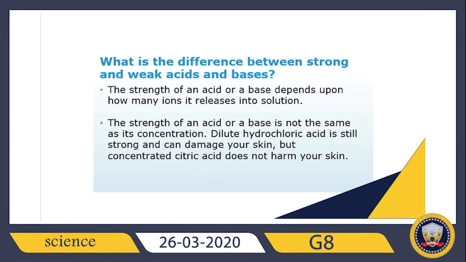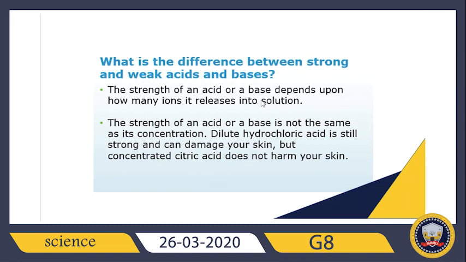Guys, the strength of an acid or a base depends on how many ions it releases into a solution. So now we know that acids usually release hydrogen atoms that will be attracted by the water molecule to form the hydronium ion, and bases usually release the hydroxide ion, OH minus.